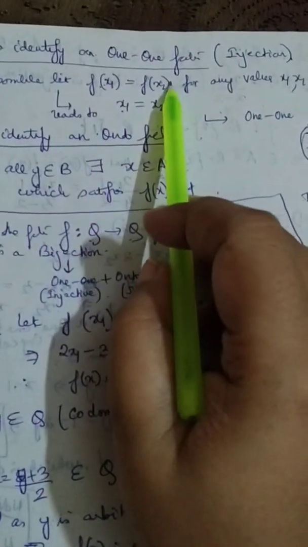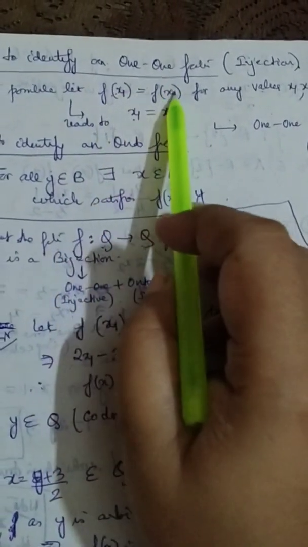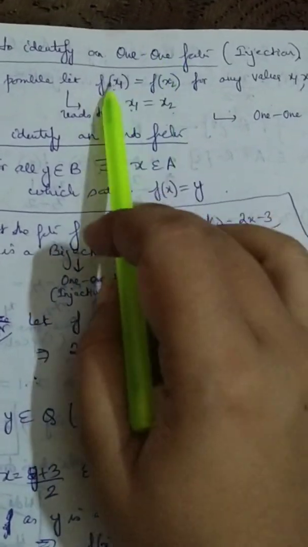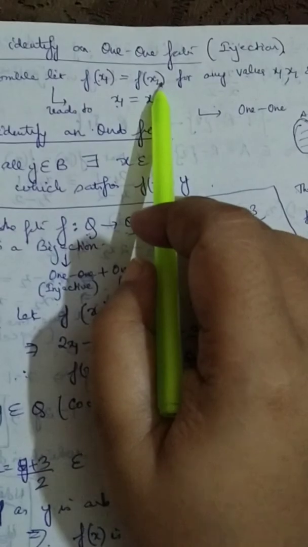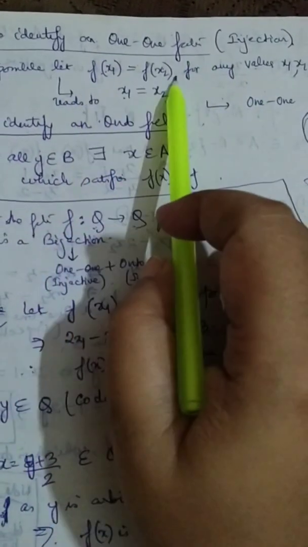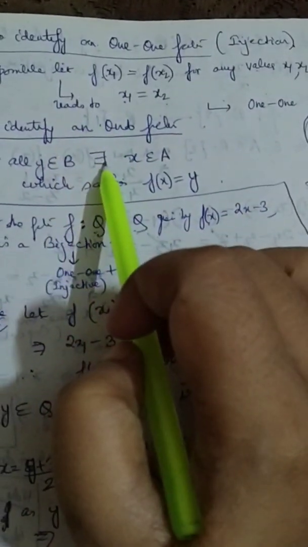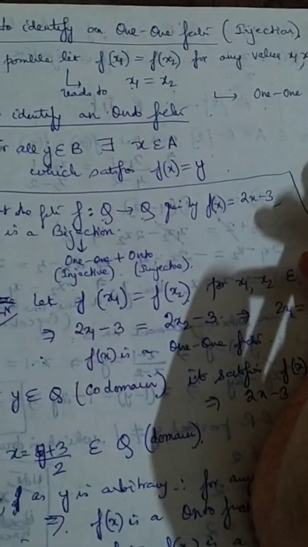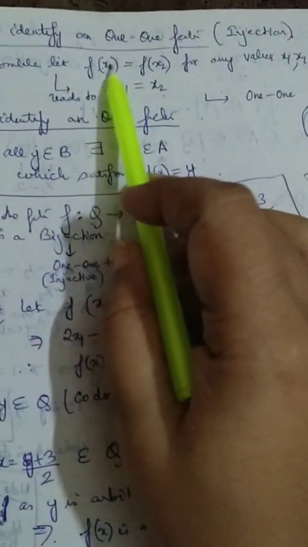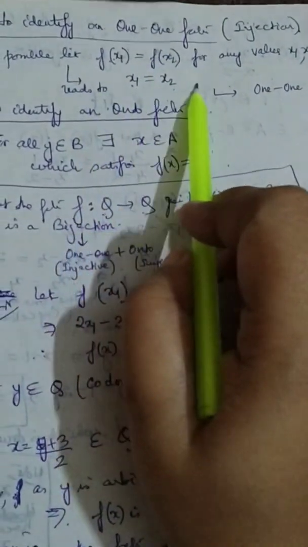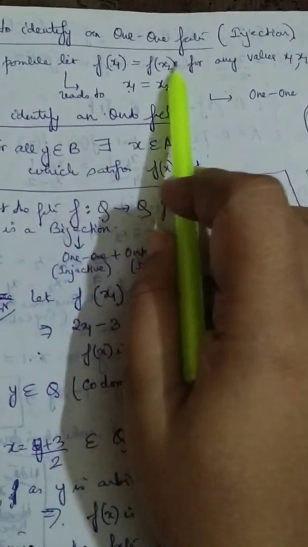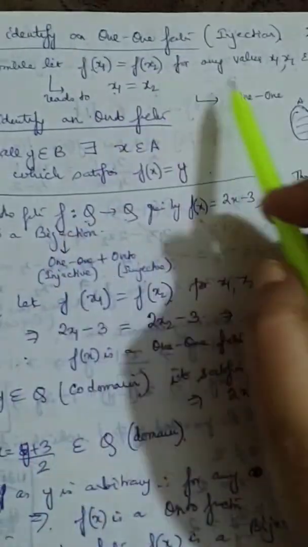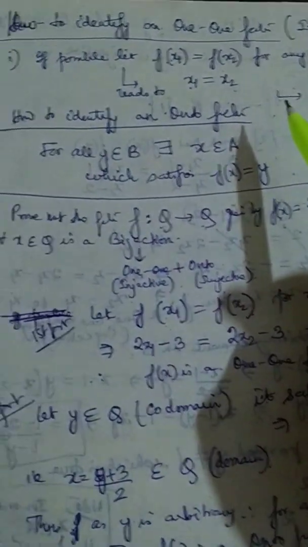These are values of y which are equal, that means this is a unique y in itself. So if I assume that two y values for two given x values are the same, and it leads to the two x values also being the same, it means a unique value of y corresponds to a unique value of x. So obviously a unique value of x corresponds to a unique value of y. Therefore it is a 1-1 function.